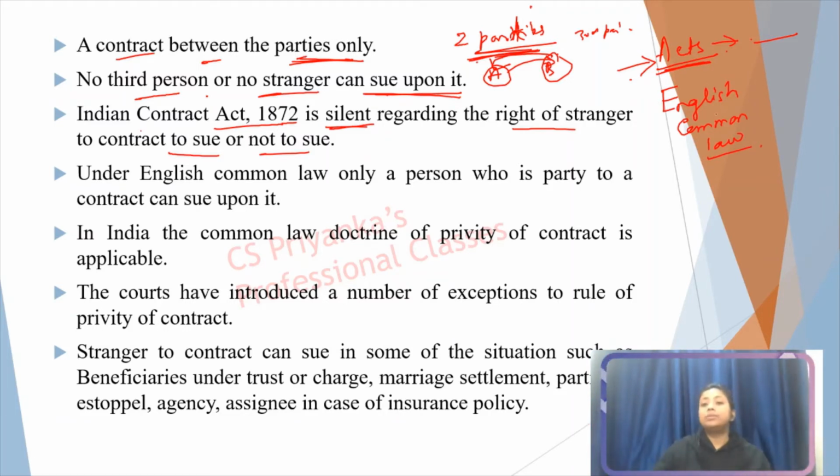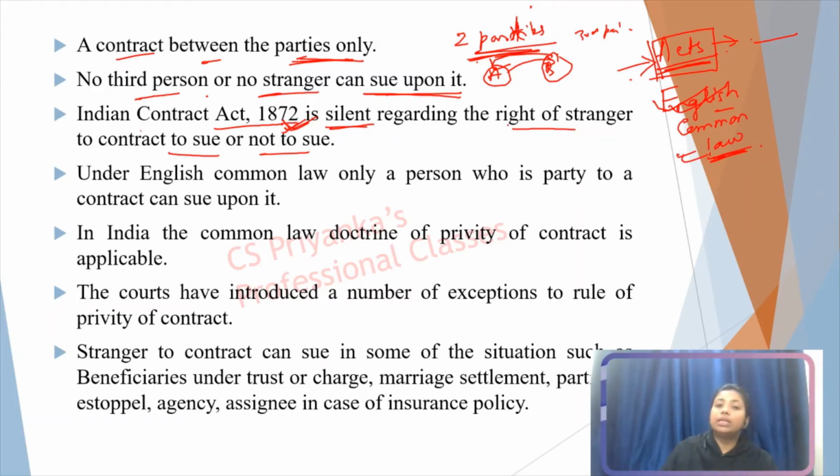In that time, this English common law was there, and according to this law we were ruled. After these acts were passed in Parliament, they were enforced on us. I'm talking about the Indian Contract Act, which came in 1872. So what about before 1872? At that time we used to follow English common law.